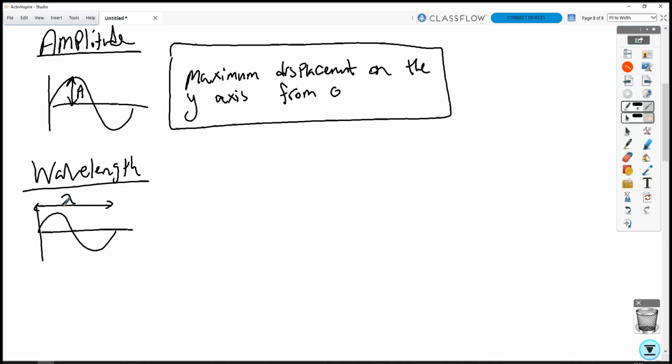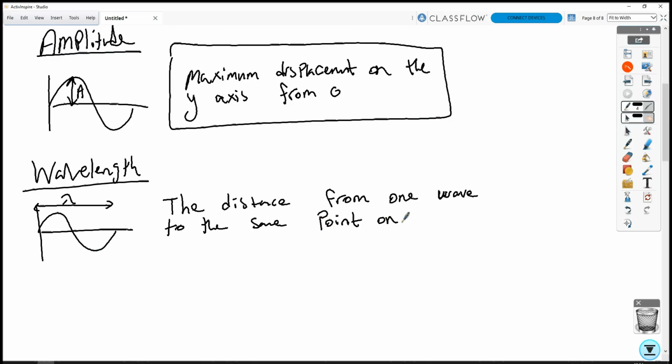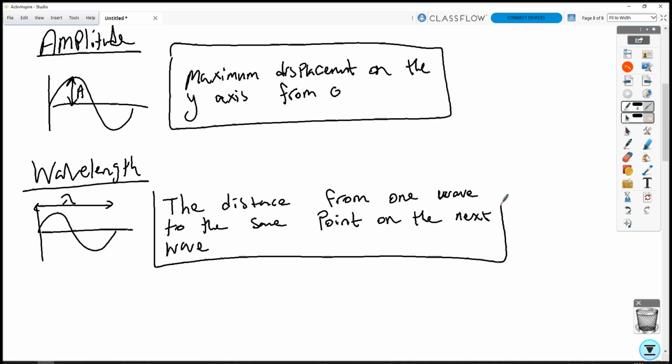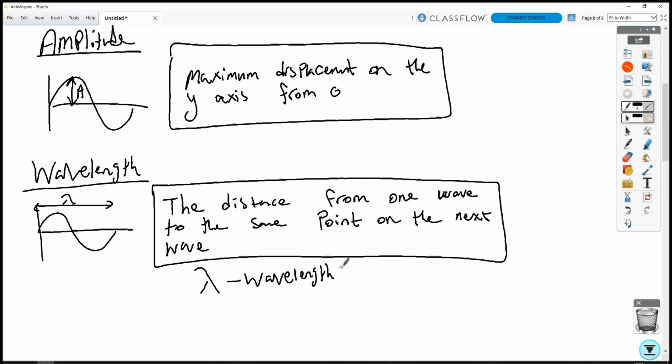And the wavelength is defined as the distance from one wave to the same point on the next wave. We use the symbol lambda, and the units are in meters because it's a length.